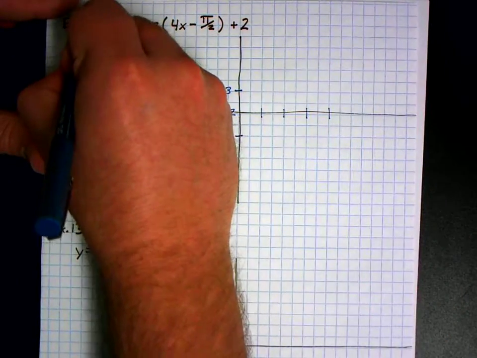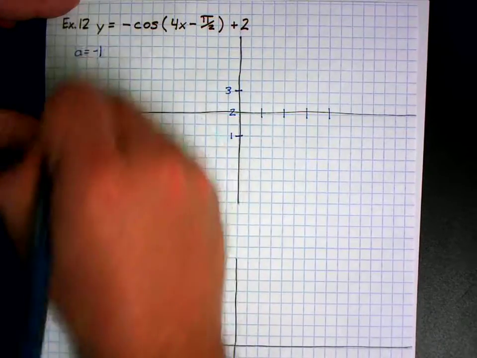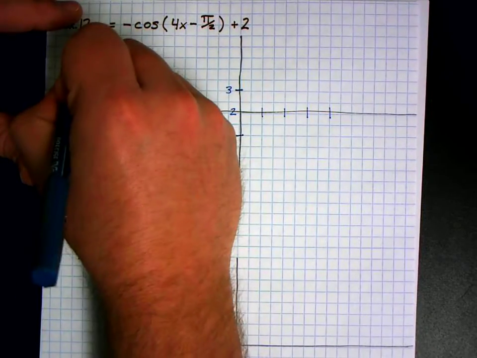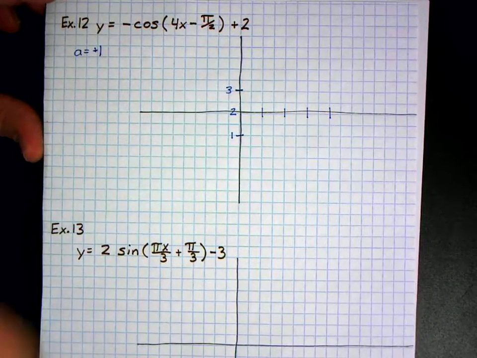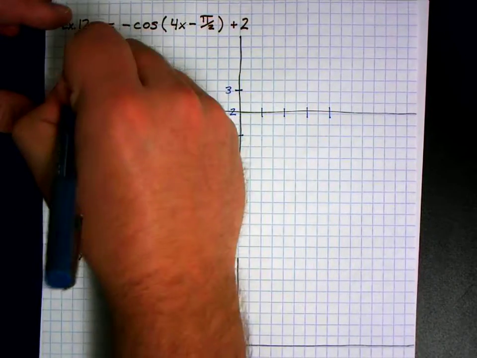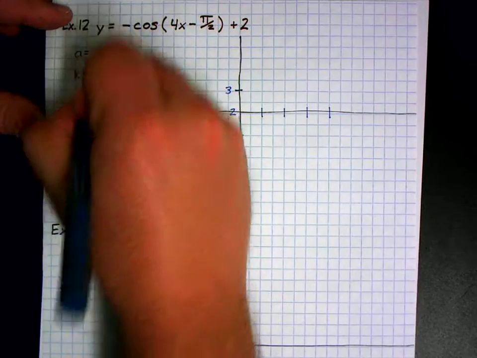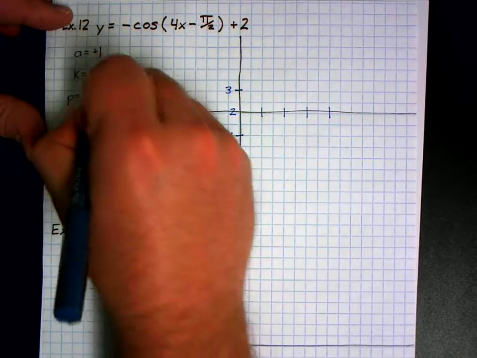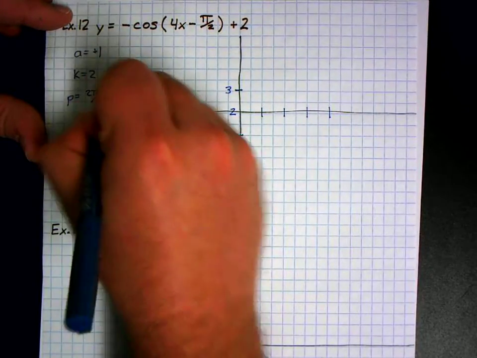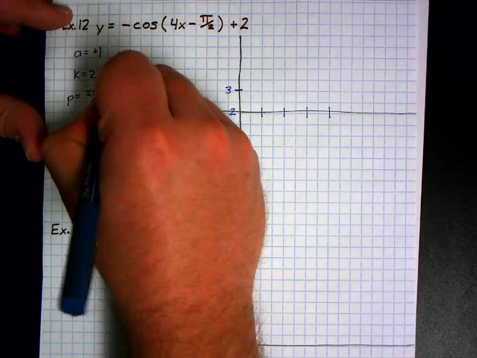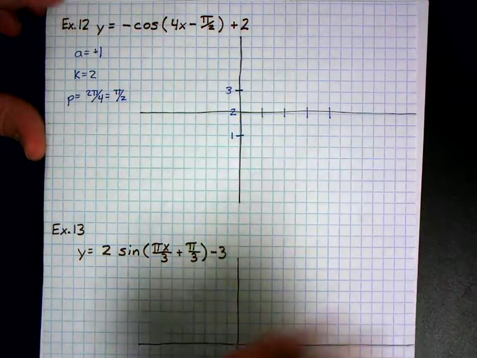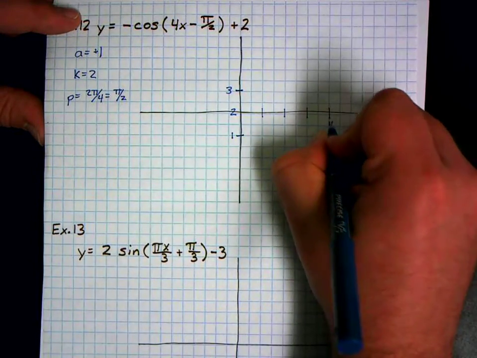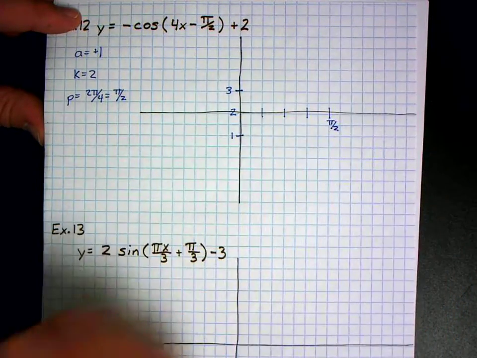So amplitude is -1, which is technically, amplitude is always positive. Amplitude is still technically 1. K is 2. Let's see, my period is going to be 2 pi divided by 4. So pi over 2. So that means this needs to be pi over 2.